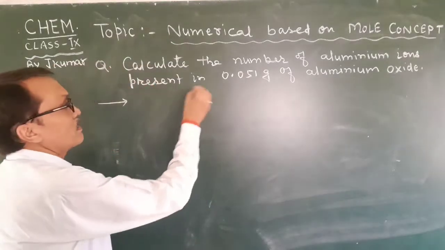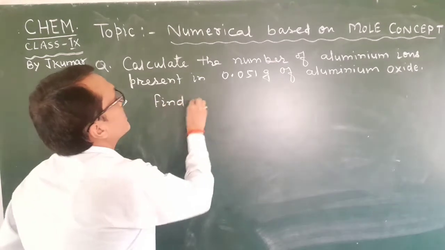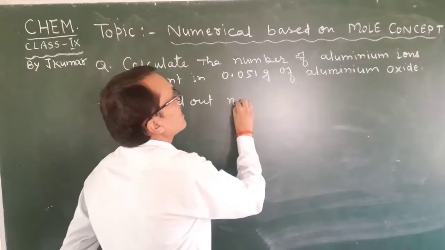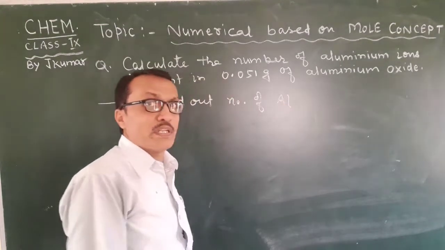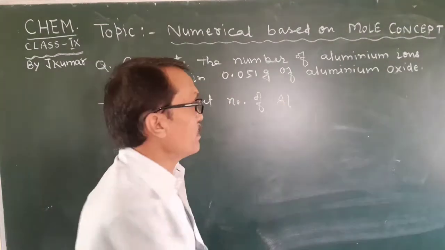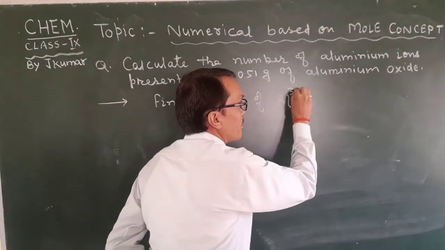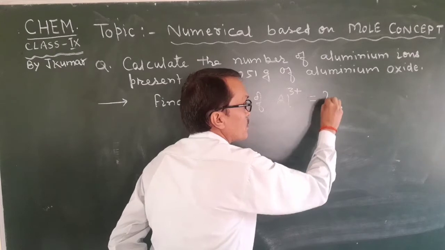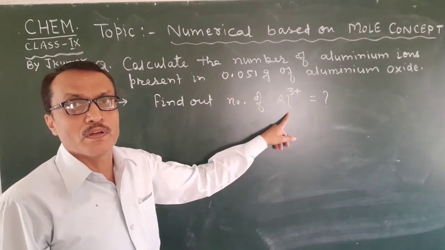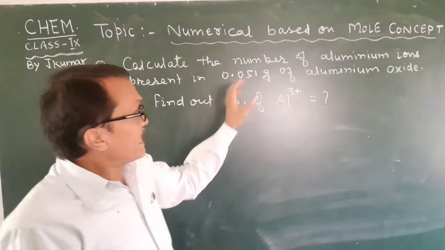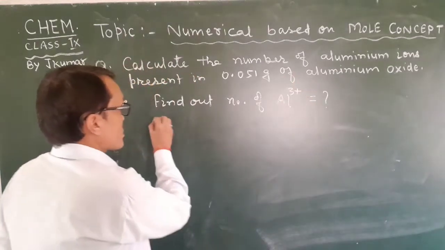We have to find out the number of aluminum ions. In symbol, aluminum ion is written as Al3+. So we have to find the number of aluminum ions present in 0.051 gram of aluminum oxide.